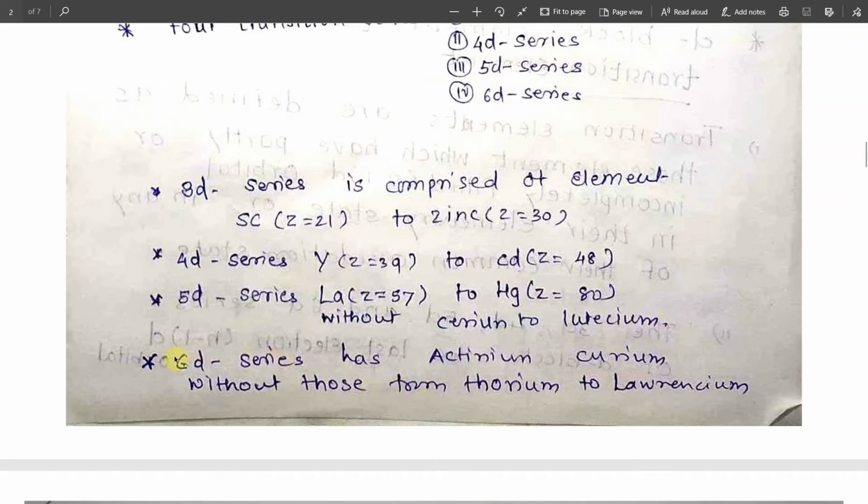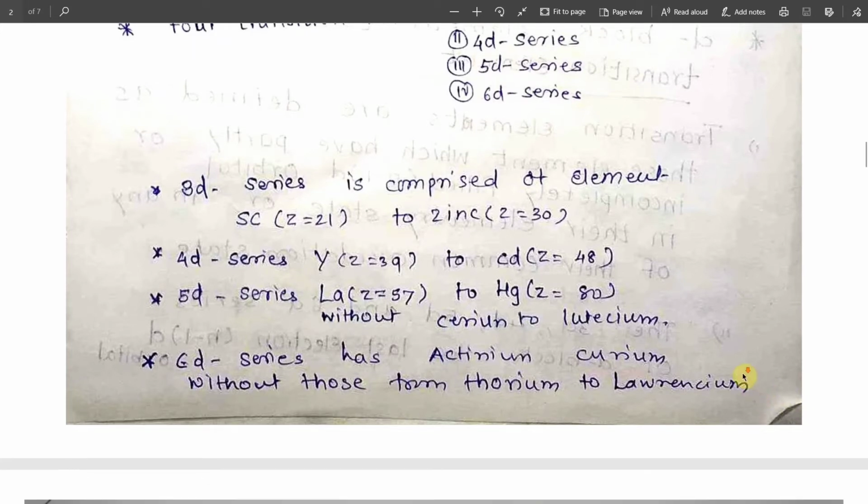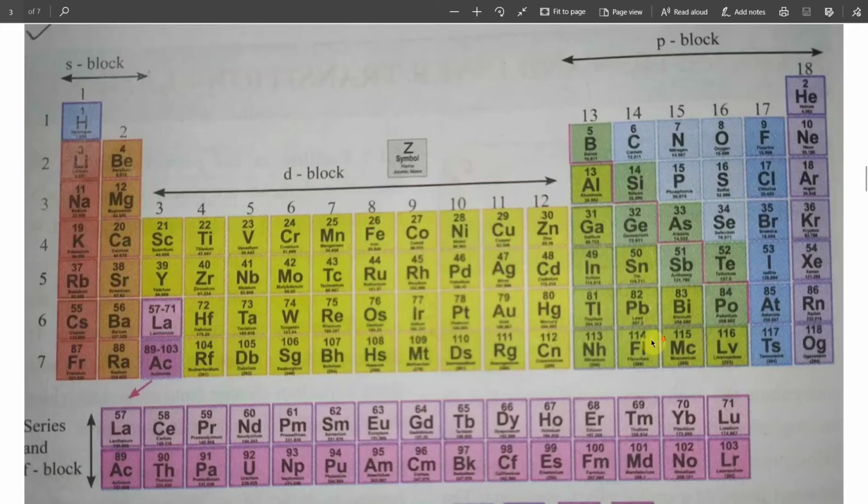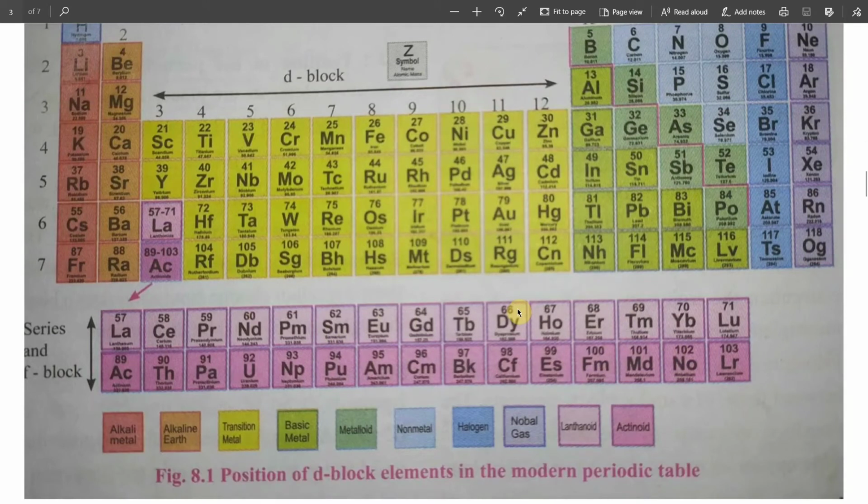The 5d series is lanthanum to mercury, without cerium to lutetium. And the 6d series has actinium to copernicium, without those from thorium to lawrencium.